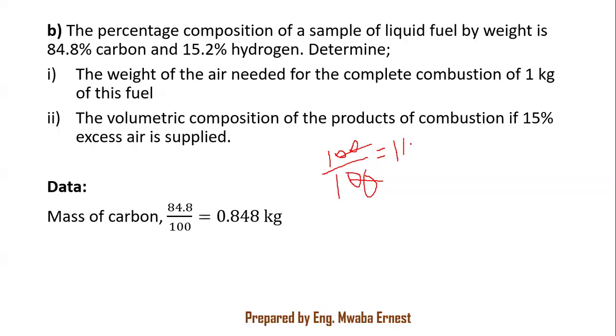So I'm dealing with 1 kg of the fuel. Now, how have we shared this 1 kg? First of all, 84.8% is for carbon. So I'll say 84.8 divided by 100. What I get is now a fraction of that 1 kg. So I have 0.848 kg.